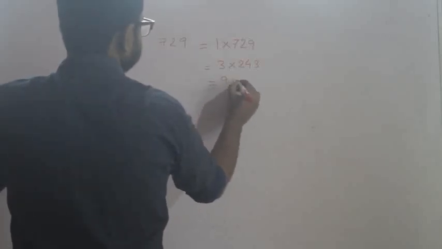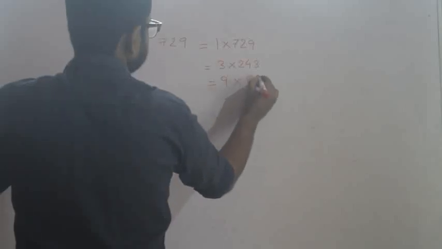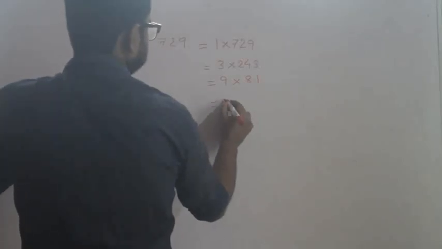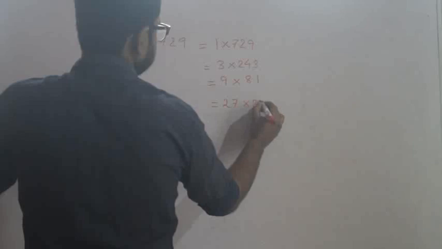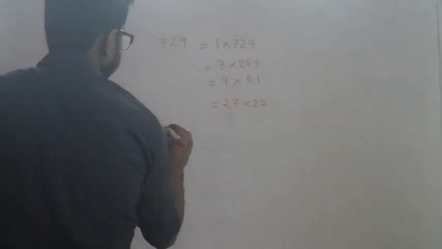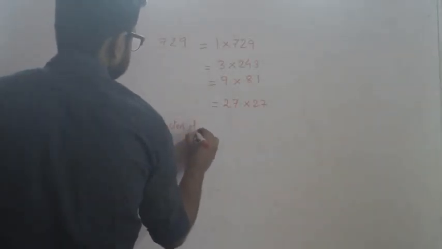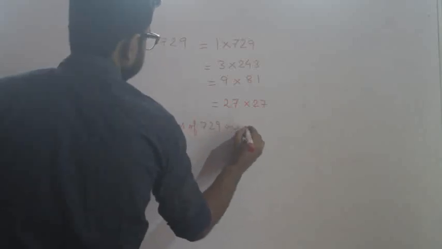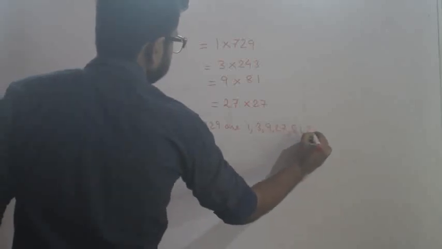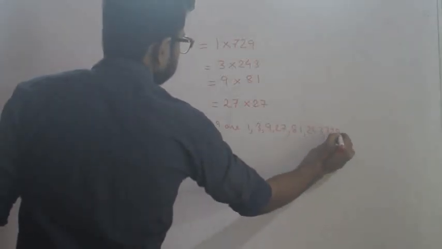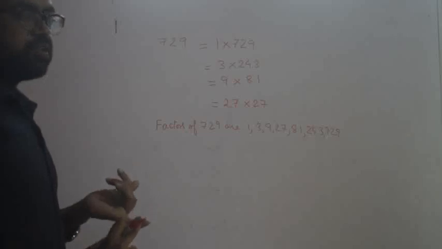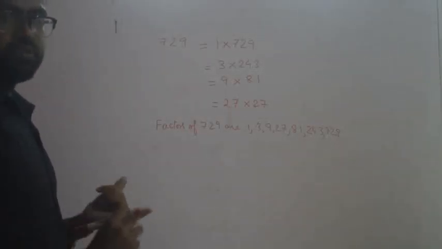Then this is divisible by 9. Then again you have, so the factors of 729 are, now, as we have seen, by finding out the factors, we can find whether a number is prime or composite.